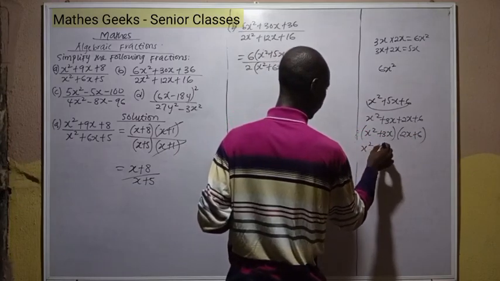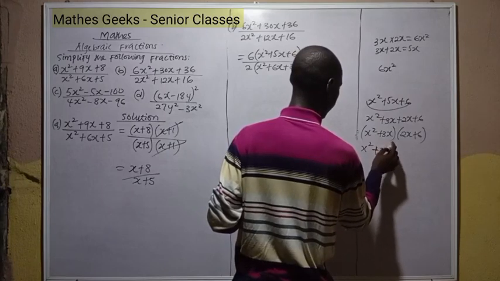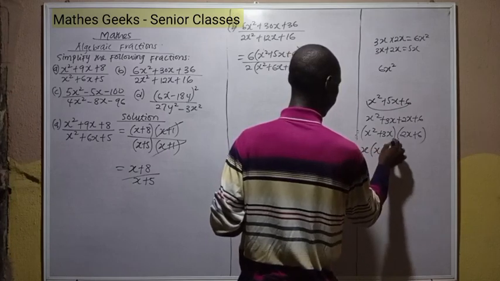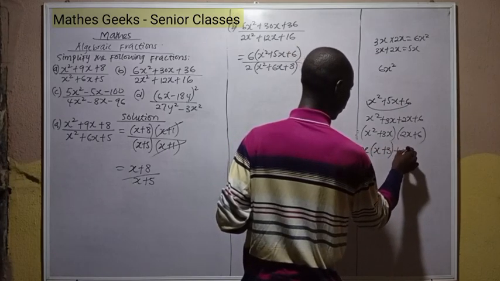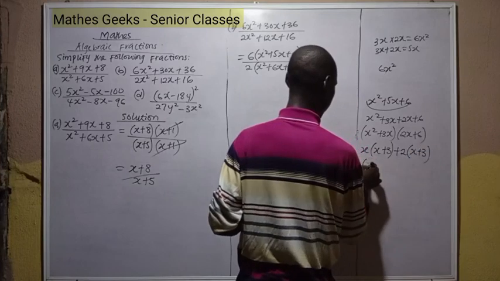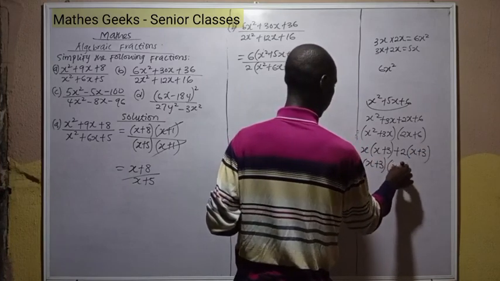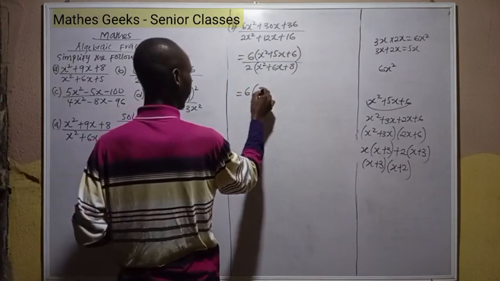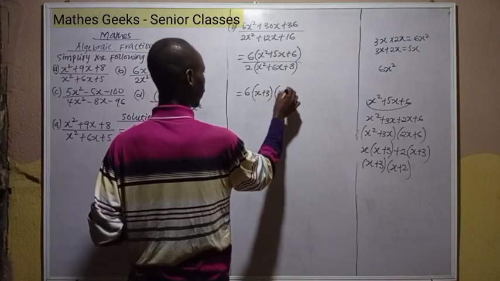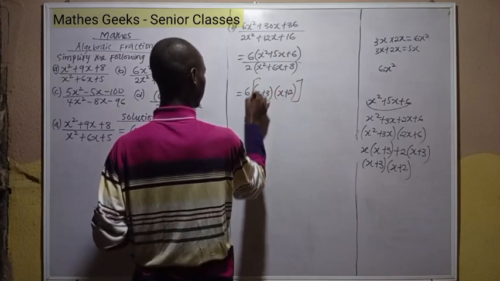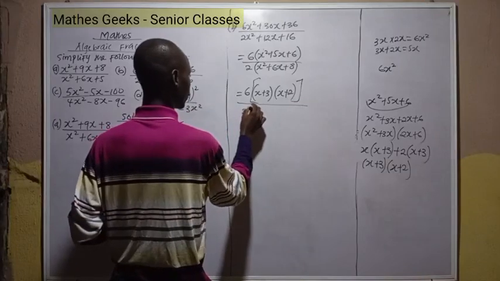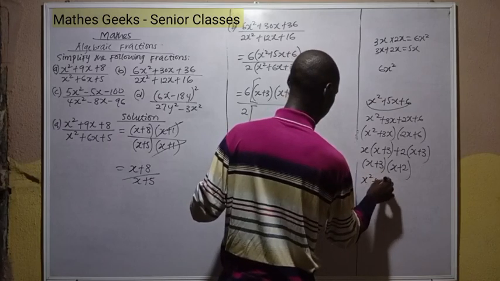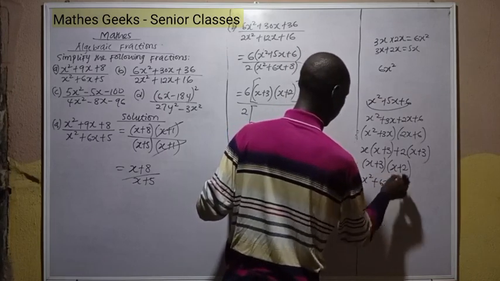This is x plus 3 and x plus 2. So we put this in place of this in the equation. So we have 6 times x plus 3, x plus 2, and then also 2 comes here, x squared plus 6x plus 8.